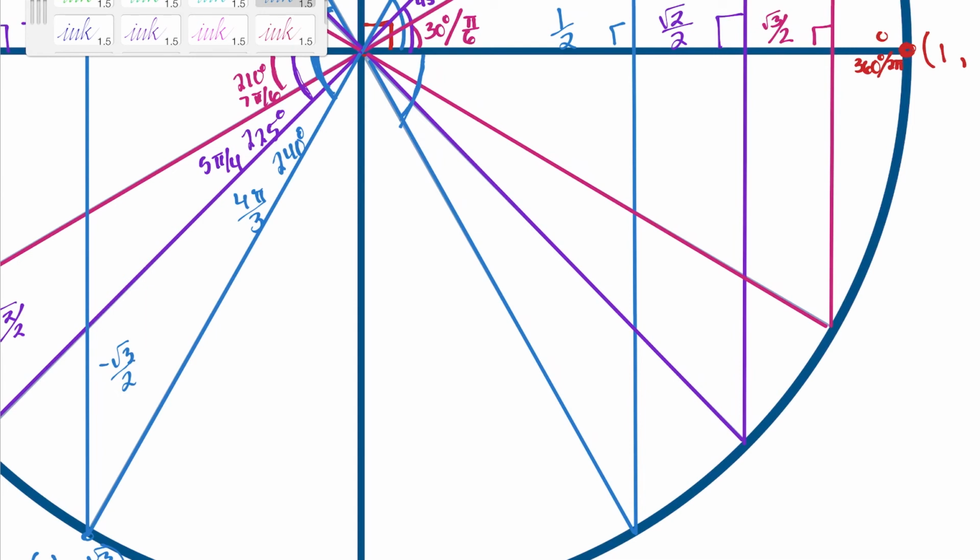And so it's our 60-degree reference, but the entire angle would be 300 degrees, or 5 pi over 3. And then we have our 45-degree reference that's in the middle here, which is 315 degrees, or 7 pi over 4. And then our 30-degree reference right here, which is 330 degrees, or 11 pi over 6.